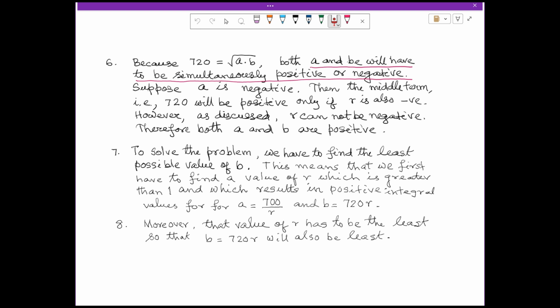Now, to solve the problem, we have to find the least possible value of b.